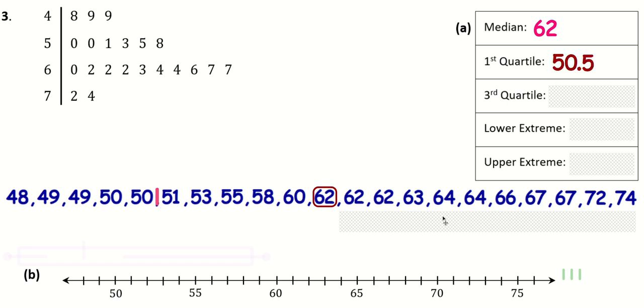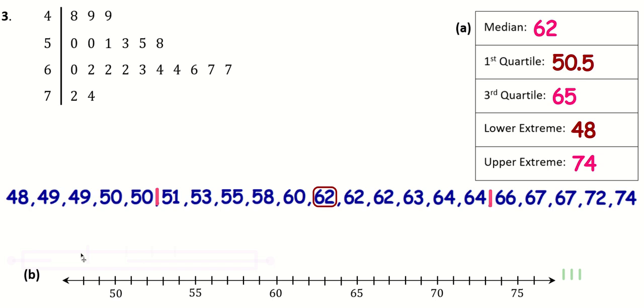And then the upper quartile, to get in the middle of just these 10 numbers, looks like we have to go in between 64 and 66, which is 65. Remember, lower extreme, that just means the absolute lowest number, so 48. And then the upper extreme, that's just going to mean the extreme high, the highest number, which is obviously 74.